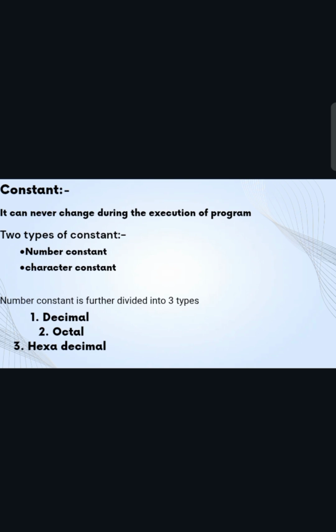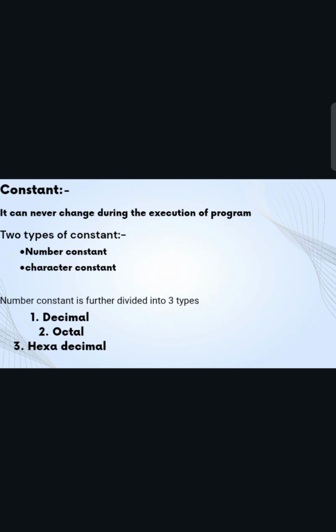The decimal integer uses the values 0 to 9 and its base is 10. It allows both positive and negative values, and does not allow any special symbol. Examples are integer values like 41, 42, 15, 16.